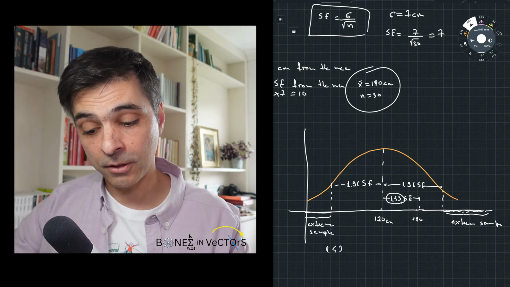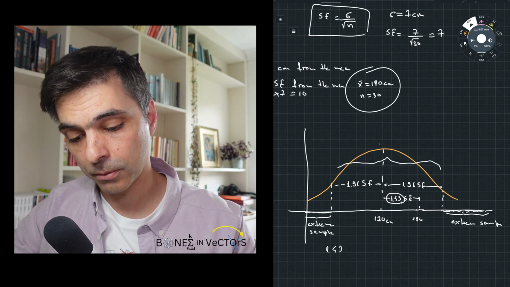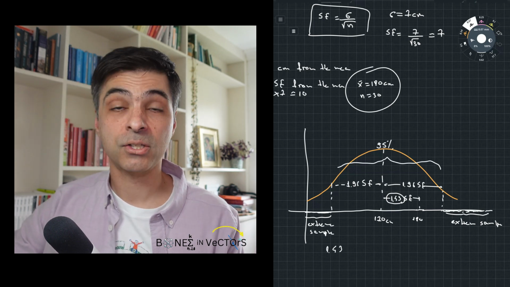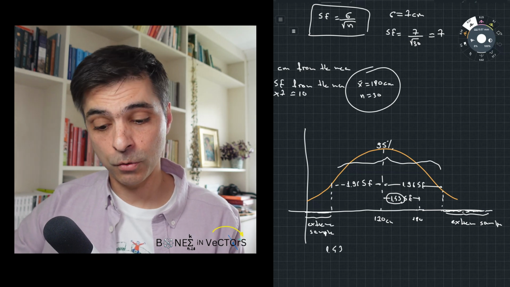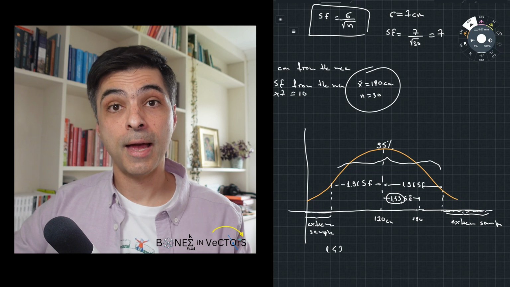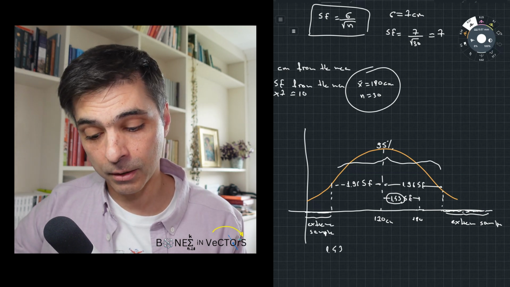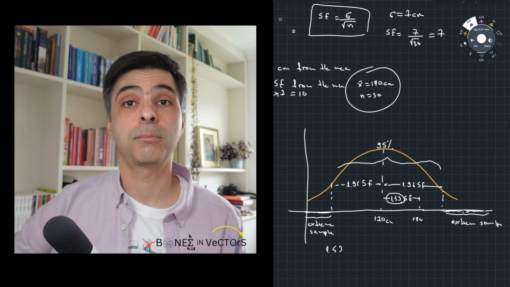Because 95% of the samples must have a mean value, a mean height within here. And we found that our sample has a mean value that is 1.43 standard errors away from the mean.